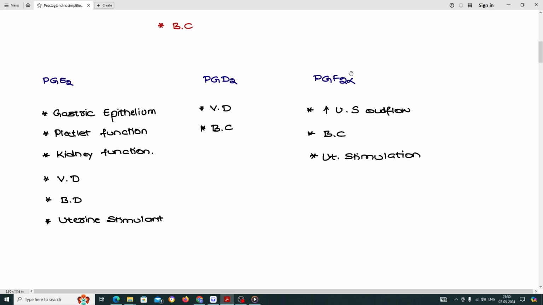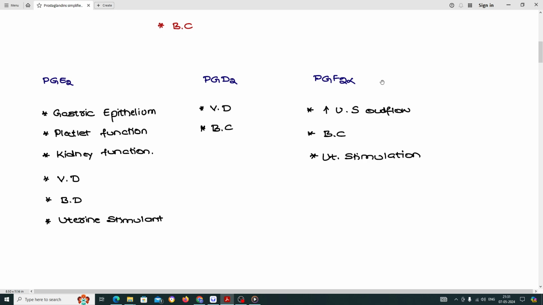So prostaglandin F2 alpha, again it has got a very important function with respect to the eye. It is used in glaucoma as it increases the aqueous humor outflow by increasing the uveoscleral outflow, thereby it decreases the pressure inside the eye. And also it is a bronchoconstrictor.